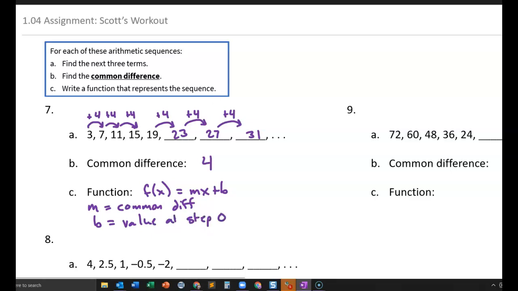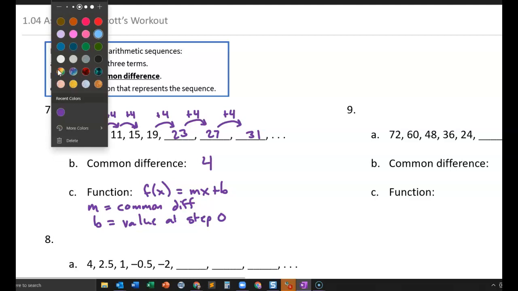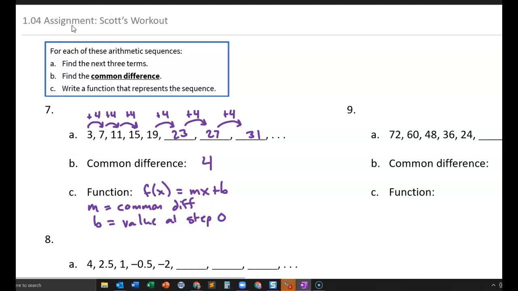Okay, so we kind of need to go up there and write which step is which up here. So here are our steps, and we can just say this first step is going to be 0, then 1, then 2, then 3, then 4. That's how ordering the steps works, right? We can just start with 0. So basically what we're saying there is b is going to be just the very first value.